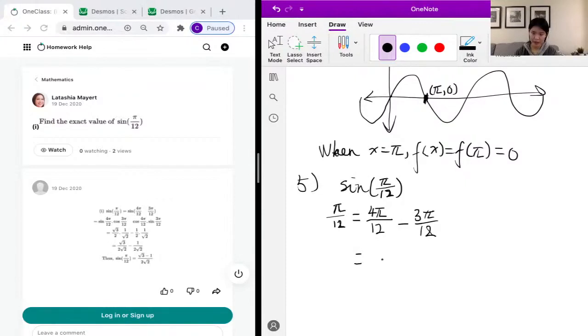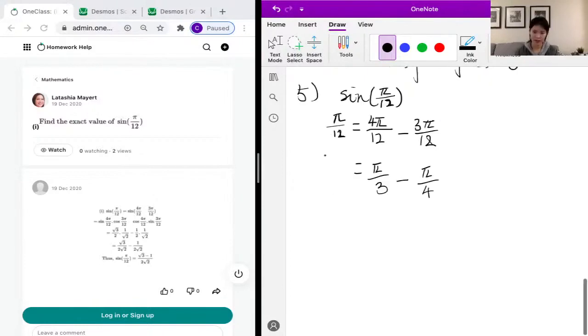We can divide both the numerator and the denominator of 4 pi over 12 by 4, and we're left with pi over 3. For 3 pi over 12, we divide both by 3, and we're left with pi over 4. And here we can write pi over 12 as pi over 3 minus pi over 4.